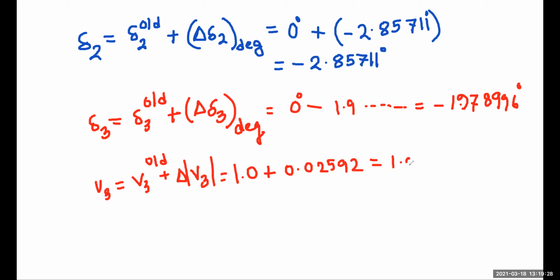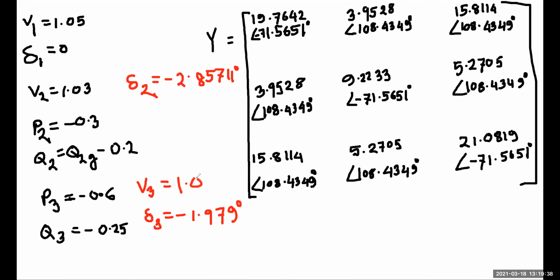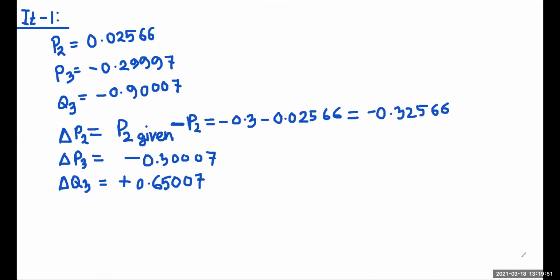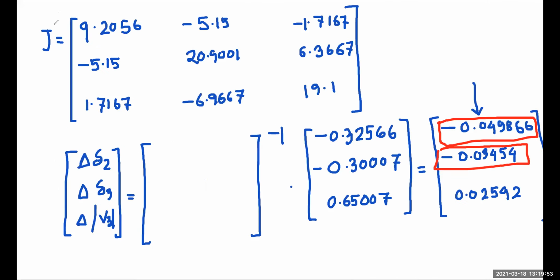Okay, so I'm going to write it here. Okay, you got your first iteration. Now this one is your Jacobian matrix 0, or you can write 1, for your first iteration.